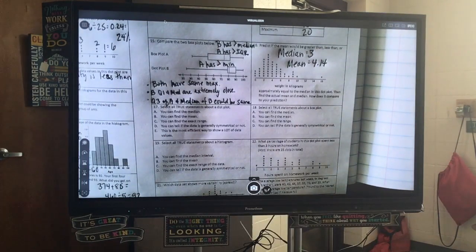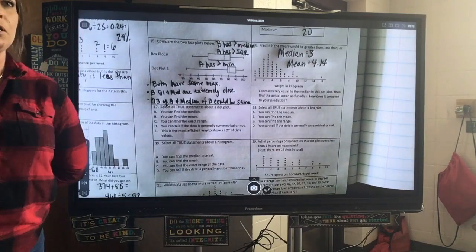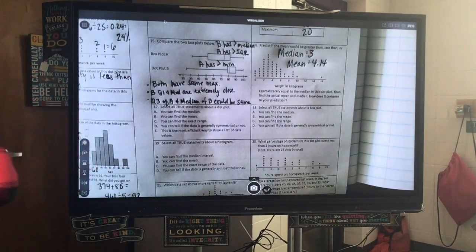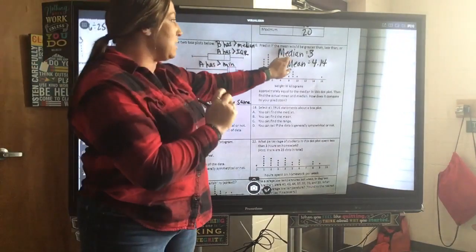But guys, this is how you know, you should have known that it's going to be greater than, because if you have an outlier in your data, your mean, depending on which way it goes, is going to skew it one way or the other. So this one, our median is 3.